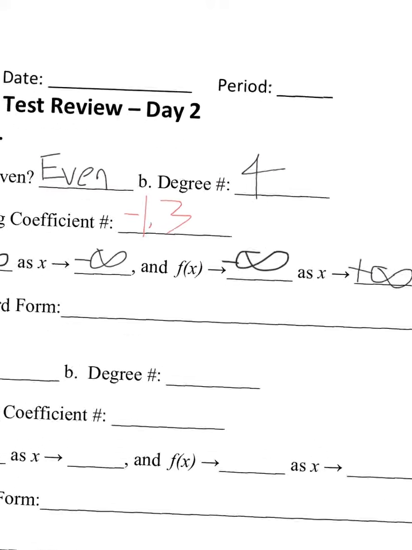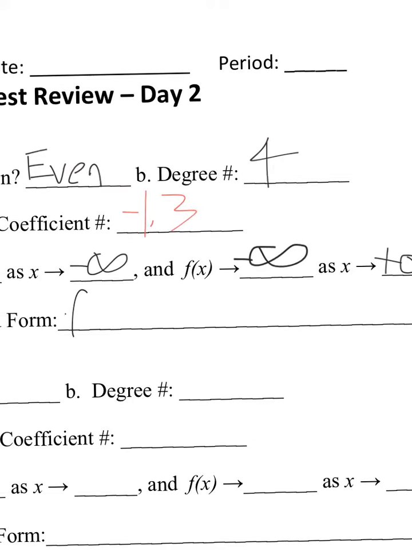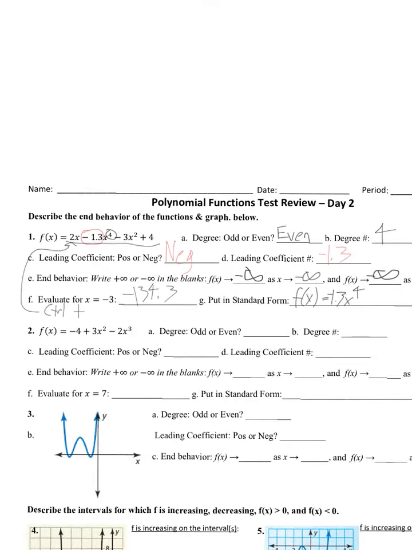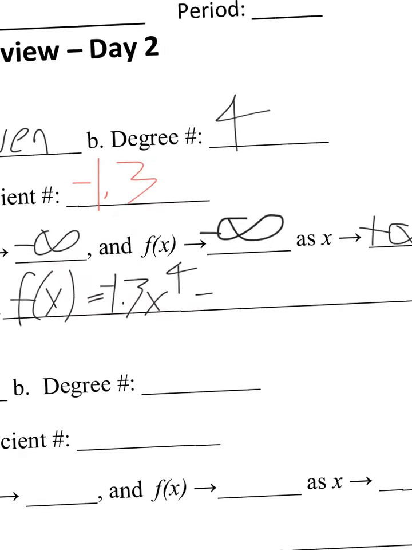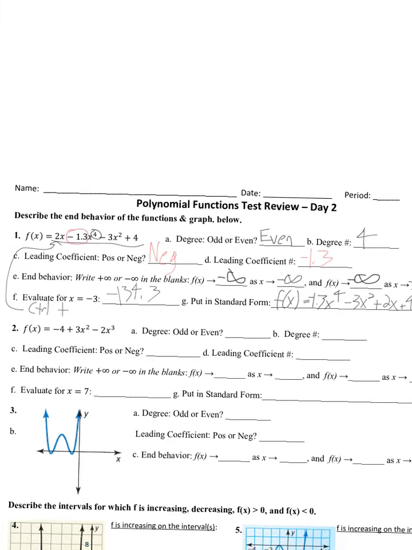Alright, so it'll say f of x equals negative 1.3x to the fourth, and then something like 2x, minus 3x squared plus 2x, and then it ended with plus 4 if I remember correctly. And so that's all it takes for the put it in standard form. It's just rearrange it. Alright, yeah.